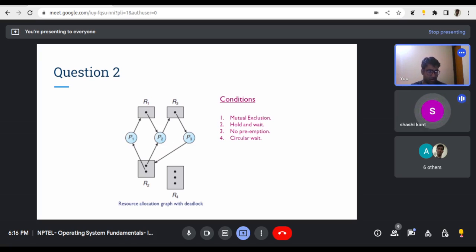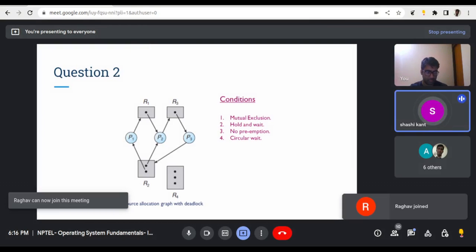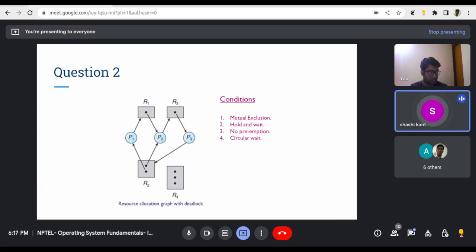I just want to know the difference between busy waiting and deadlock situation, because in deadlock, if there are two processes, the first process is wanting resource 2, which is held by process 2, and process 1 is holding resource 1, which is again required by process 2. Each is waiting for the other and they are not allowed to free the resources, then only there is a deadlock.